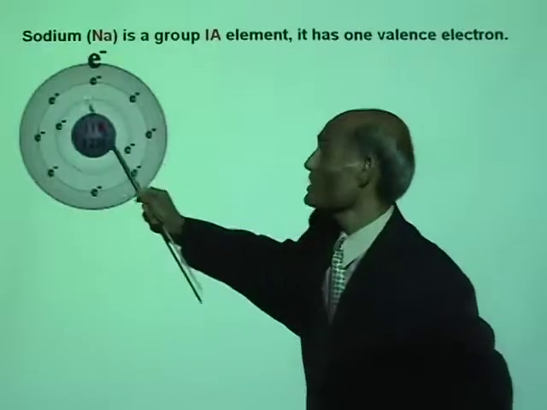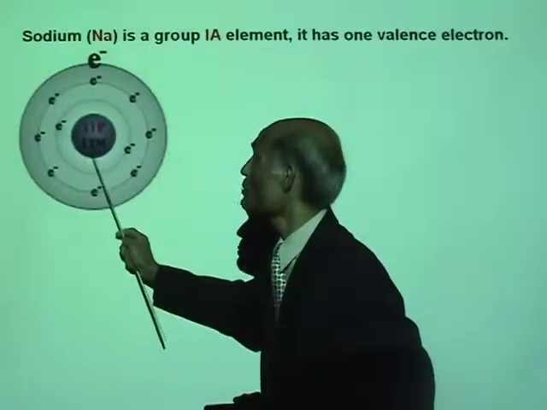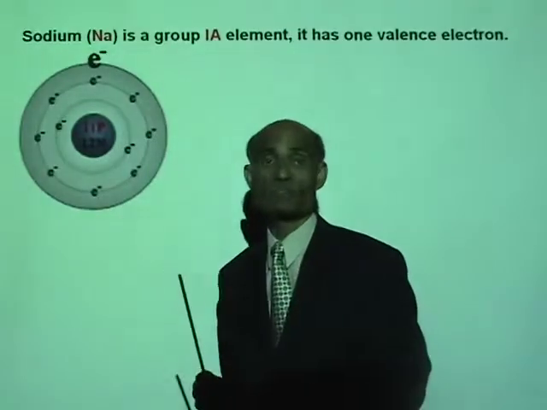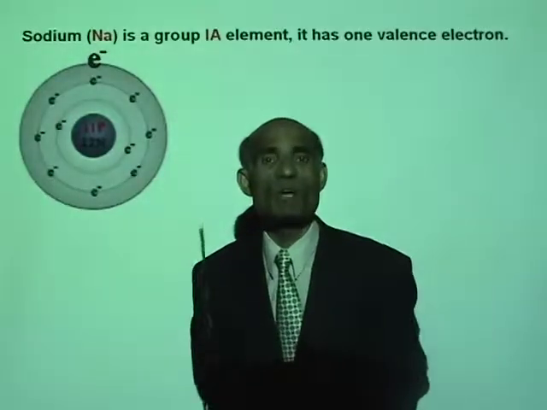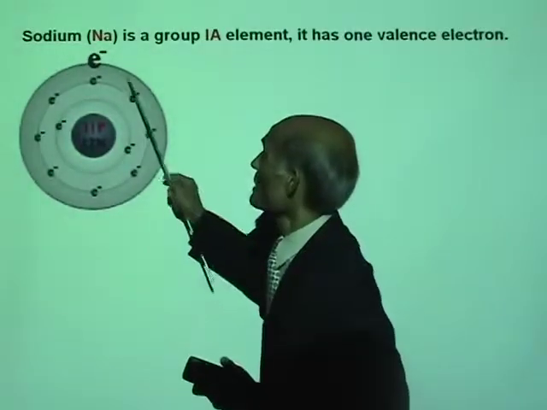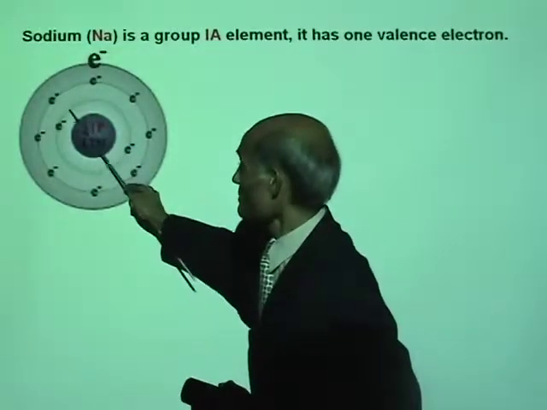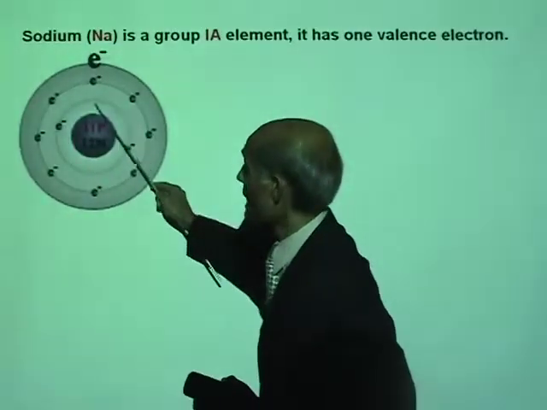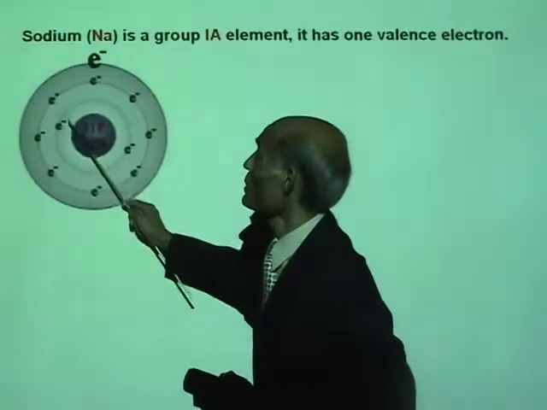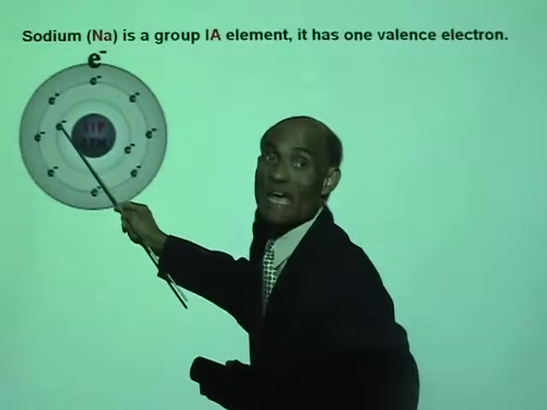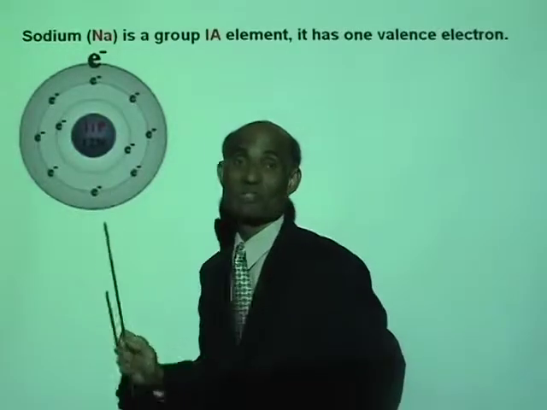Look at this. This is sodium. The nucleus contains 11 protons and 12 neutrons. Now, that is not important as far as chemical reactions are concerned. The chemical reactions are guided by the valence electrons. The first shell has 2 electrons. The second has 8 electrons. So 8 plus 2, 10, and a lone electron is in the outer shell.